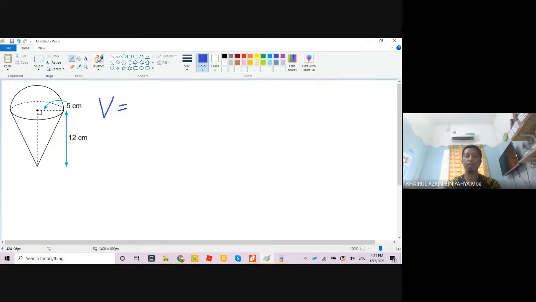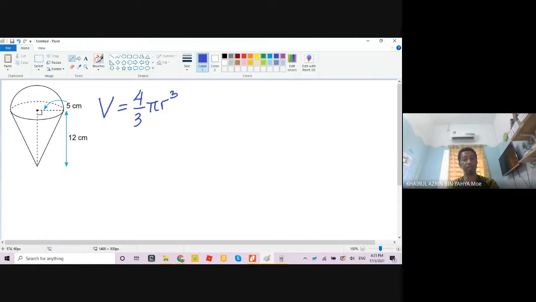For the volume of a sphere, you can refer to the textbook on page 118. The volume of a sphere is actually 4/3 times pi r cube. This is the formula for a sphere.